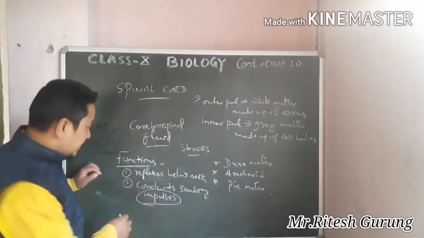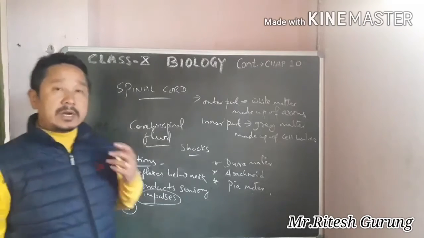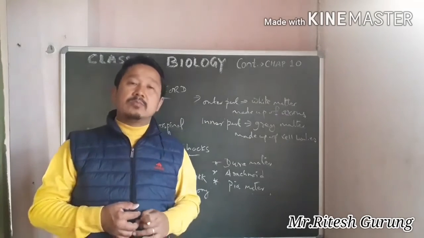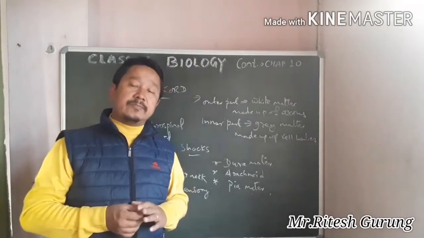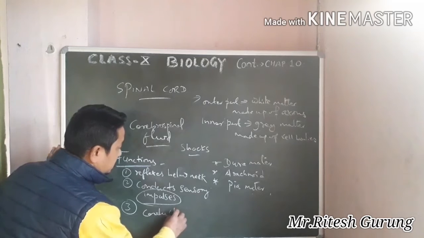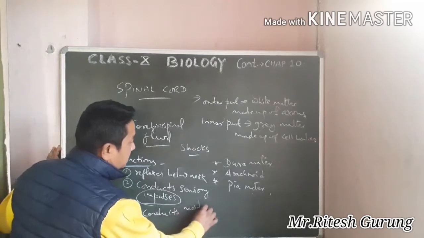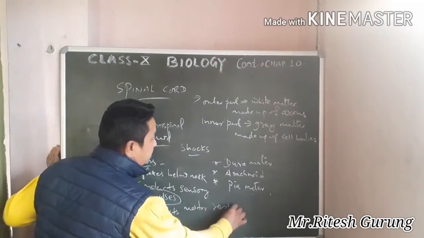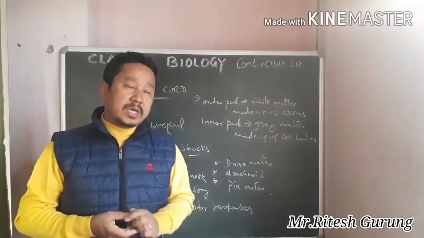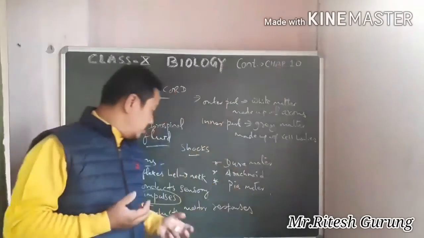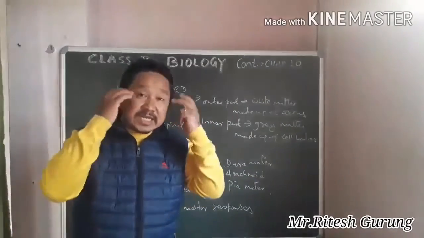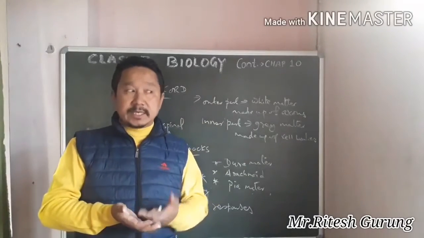Then the third one is that it conducts motor responses. Motor responses means after receiving such impulses in the brain, the brain will decide what to do as a response.